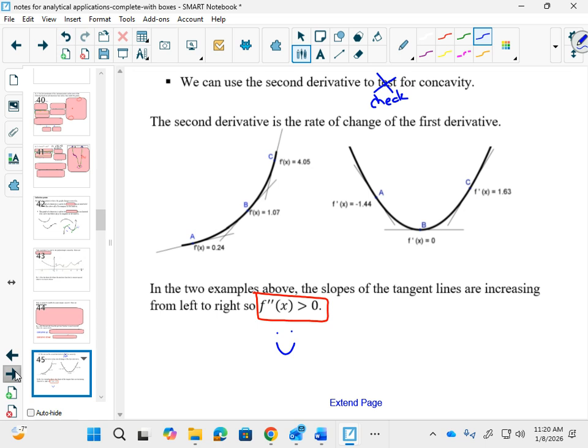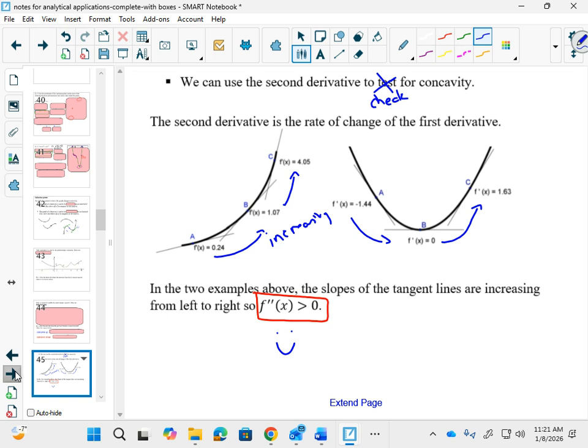Notice that on something that is concave up, as you go from left to right, your derivative is increasing. It's getting bigger. The lines are getting steeper. If your first derivative is increasing, your original function has to be concave up.